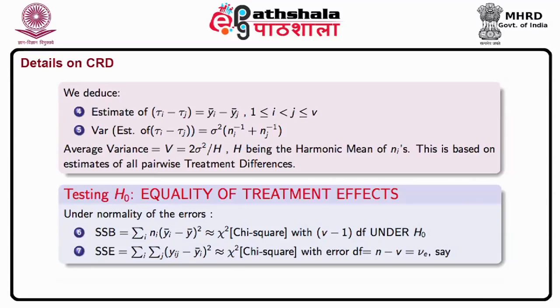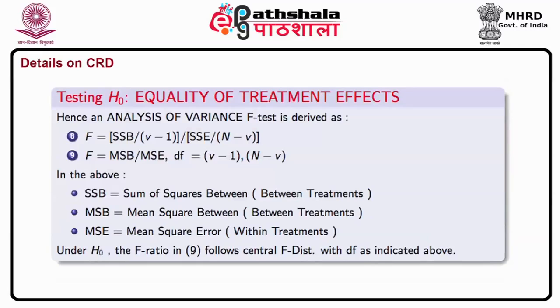If the errors are normal, then this is exact. And the sum of squares of error, that is SSE, is equal to double summation over i and j, y i j minus y i bar dot whole square, which follows chi-square with error degrees of freedom capital N minus v, which is denoted as nu e.